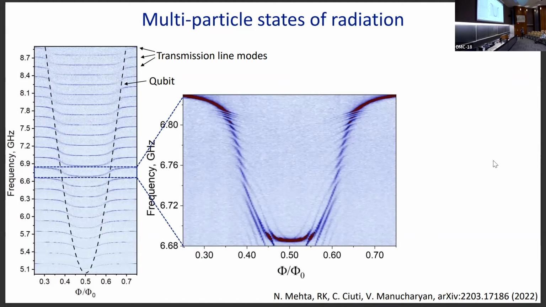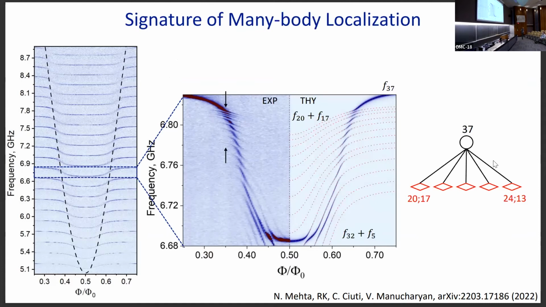And those states are exactly two photon states. So using the effective Hamiltonian, we were able to reconstruct the spectrum and show that, for example, here the single photon states anti-cross with two photon states with modes from 20 and 17 to 32 and 5.